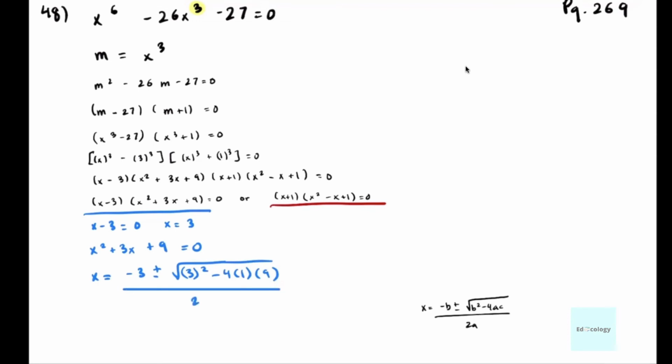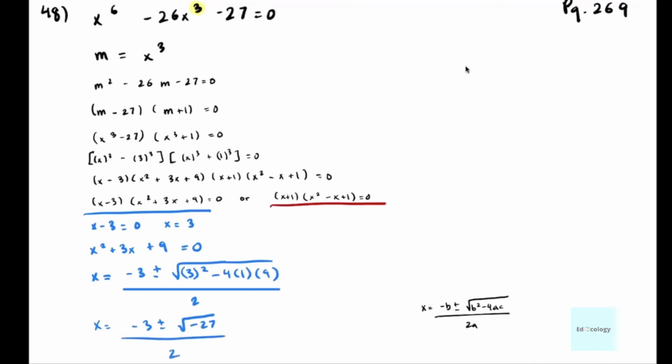And when you simplify what is in the radical, it will be negative 3 plus or minus the square root of negative 27, still over 2.